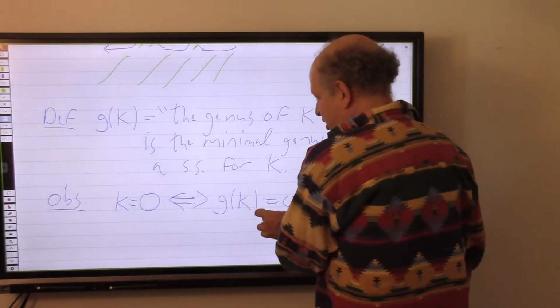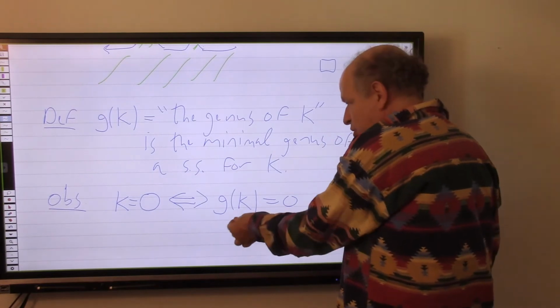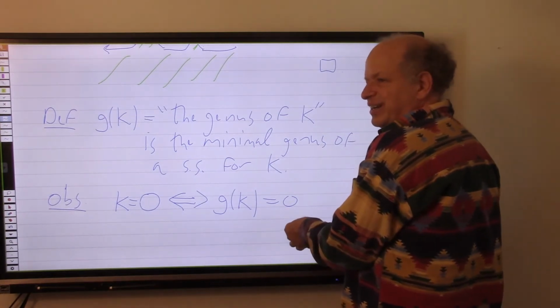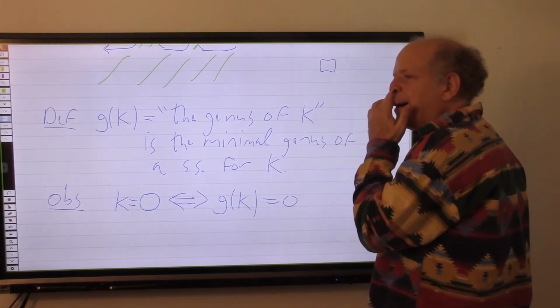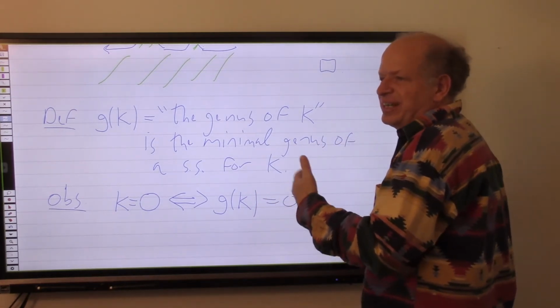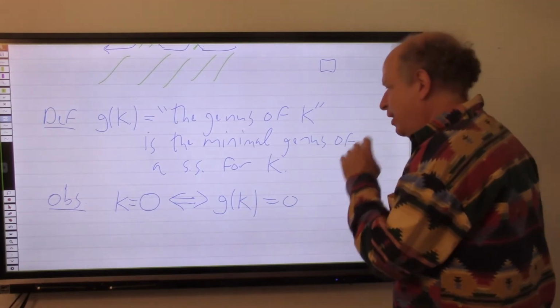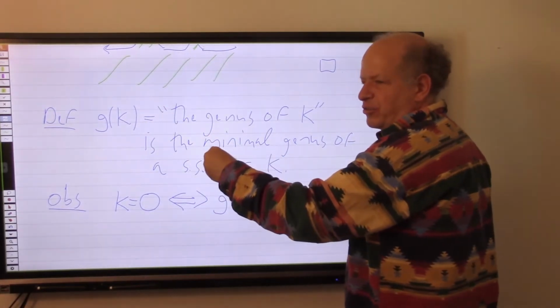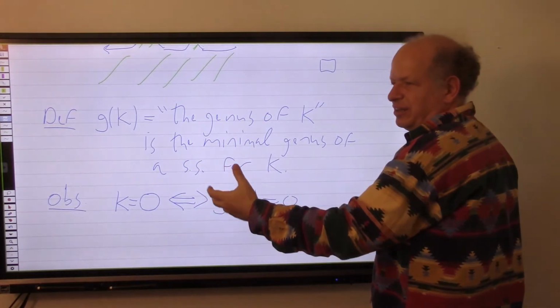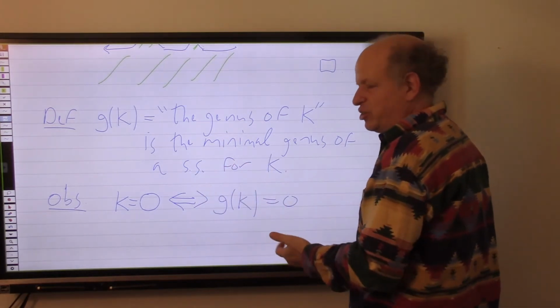And if the genus is 0, then the knot is the boundary of an embedded disk, and then you can contract it along this disk until you shrink it to nothing. So it's the unknot.